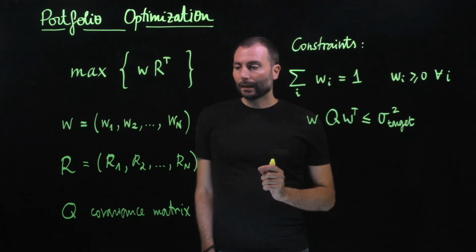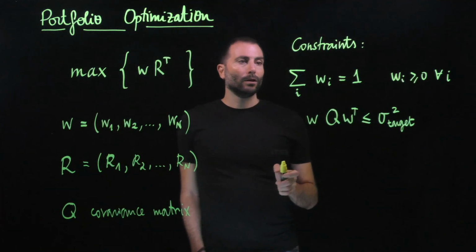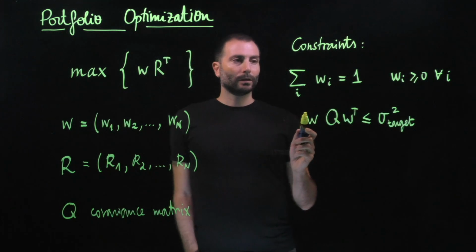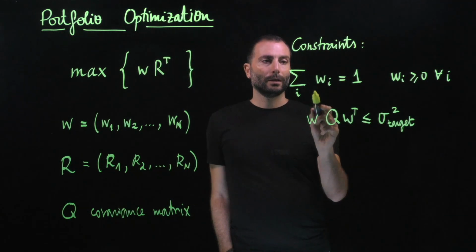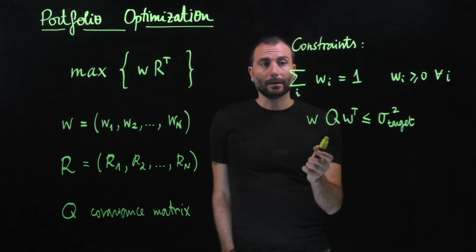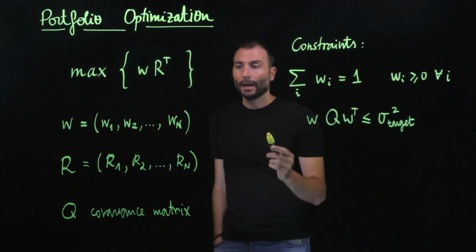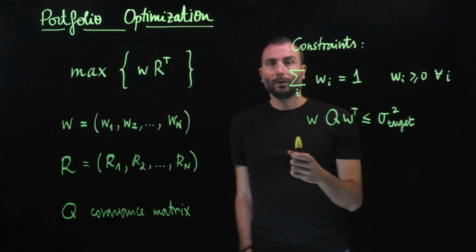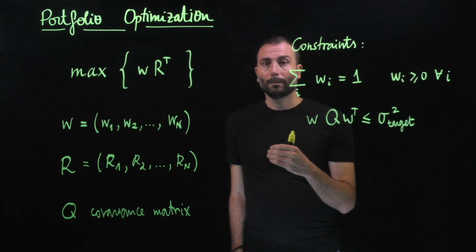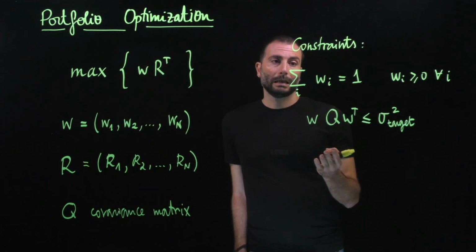Notice that this is not a QUBO yet, because these values are not binary strings; these are real numbers. In order to convert this into a QUBO, we first should convert it into integers. This could be easy.